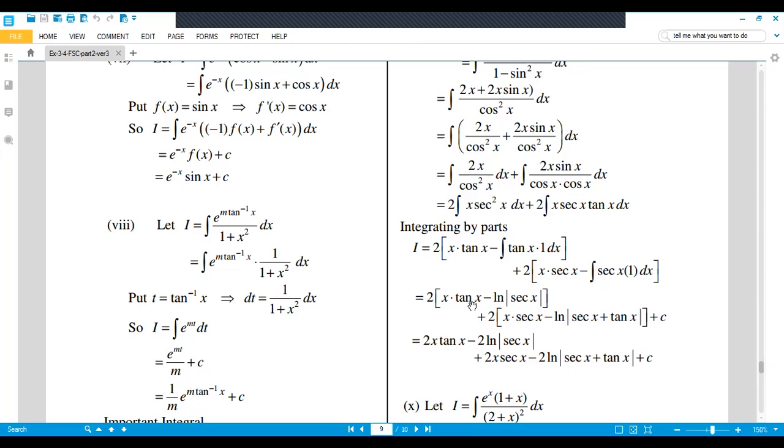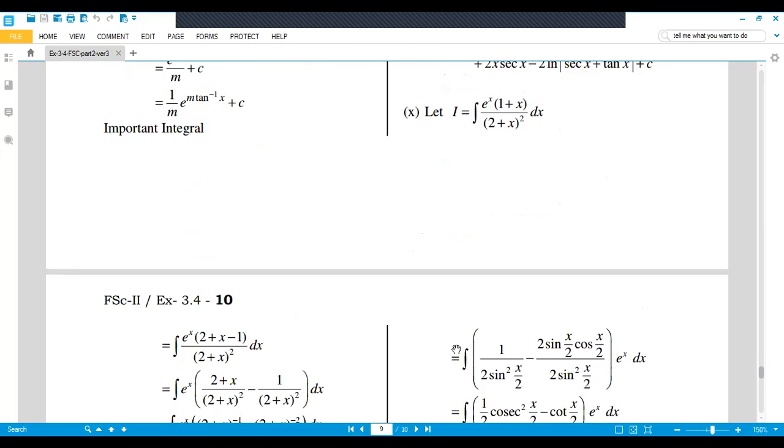So 2x tangent x minus 2 integral of tangent x, which is natural log of secant x, and plus 2x secant x minus 2 integral of secant x, which is natural log of secant x plus tangent x, plus c. Now multiplying inside: 2x tangent x minus 2 natural log of secant x plus 2x secant x minus 2 natural log of secant x plus tangent x plus c. So this is the required answer.